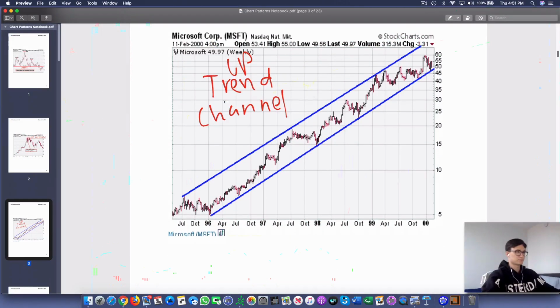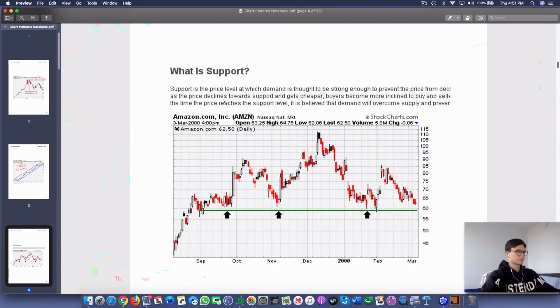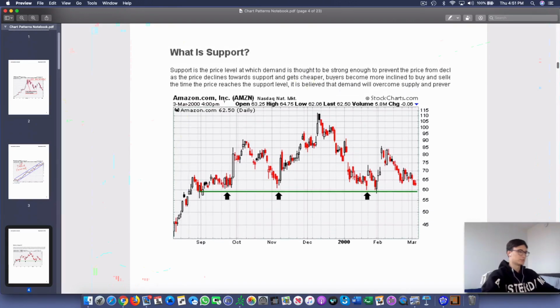So if we scroll down a bit, we basically see how support levels are identified. Support levels are identified when there's a lot of rejection in a certain area at a certain price. So let's say this stock goes up, goes back down, bounces off this area, so it goes back up, consolidates, goes up, and then back down around this price area, then it goes up.